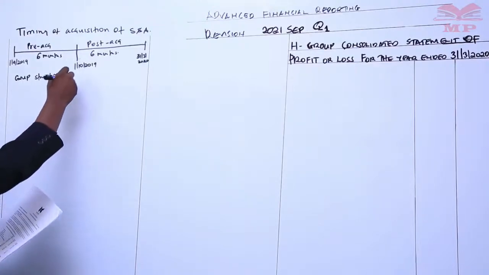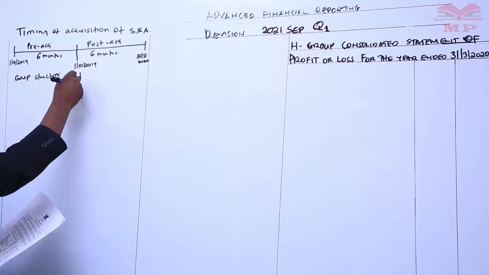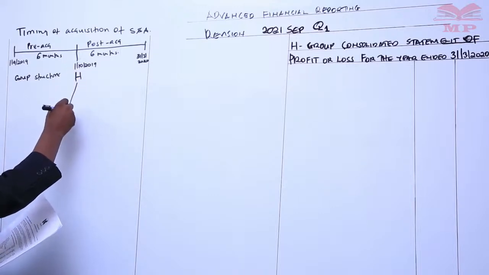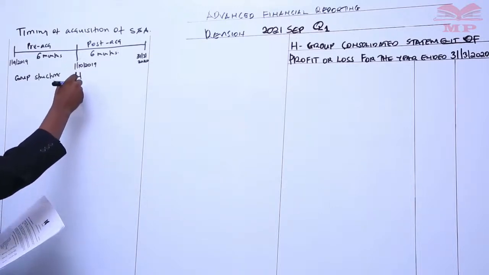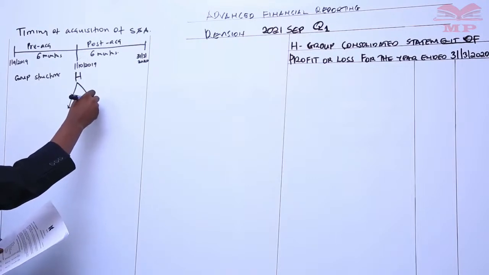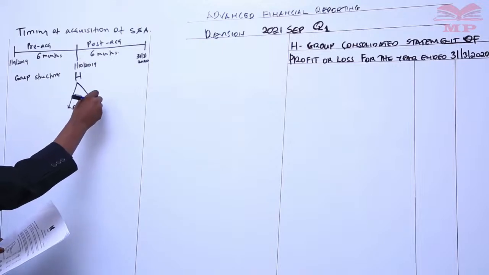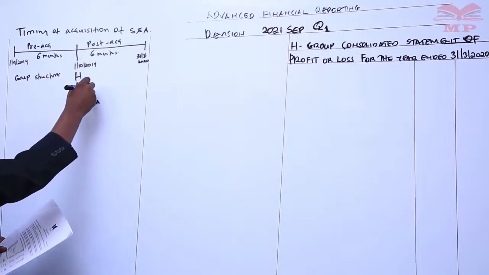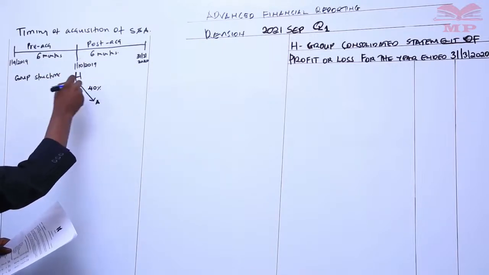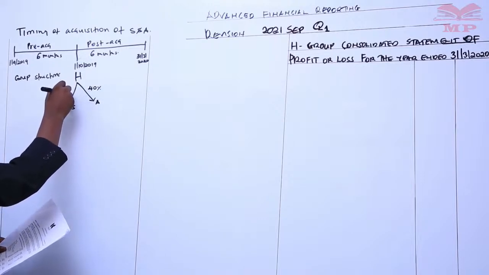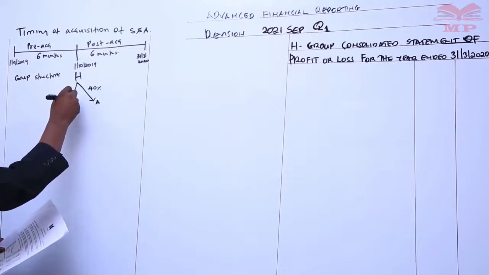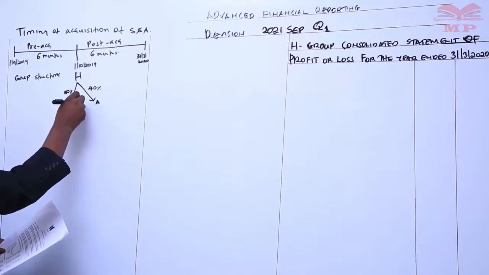So we have here H. This is the group structure, and H relating to, this is S and this is A. So A is 40% and S is 80%. That means that NCI is 20%.